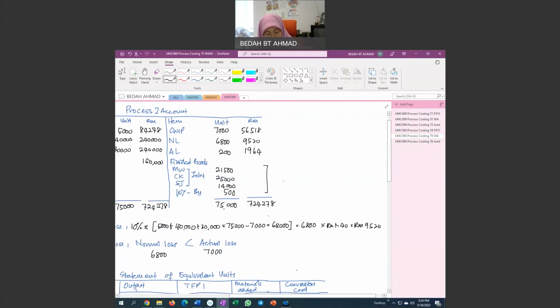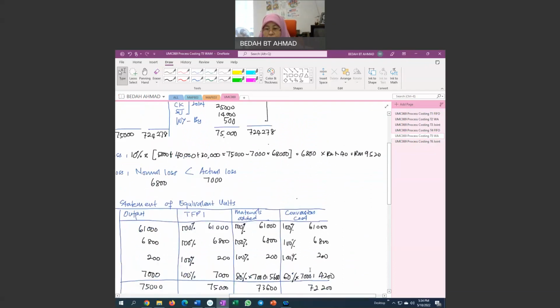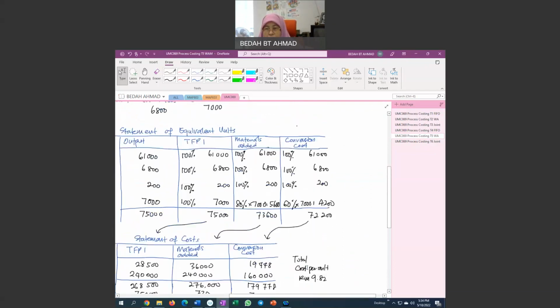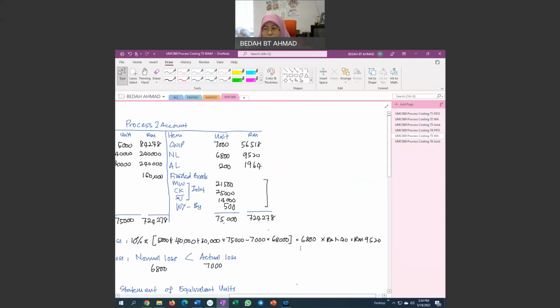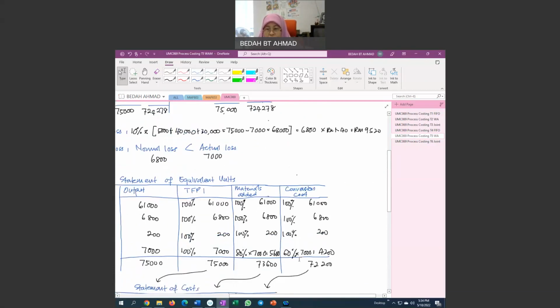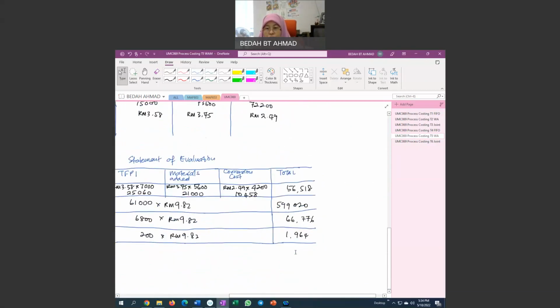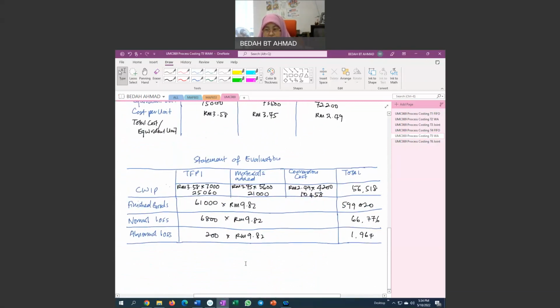Sorry, it's not 599, but 655,526. Okay, we calculate that later. We finish this one first, and this value will be calculated in tutorial 6. So we finish this and get the joint cost figure.